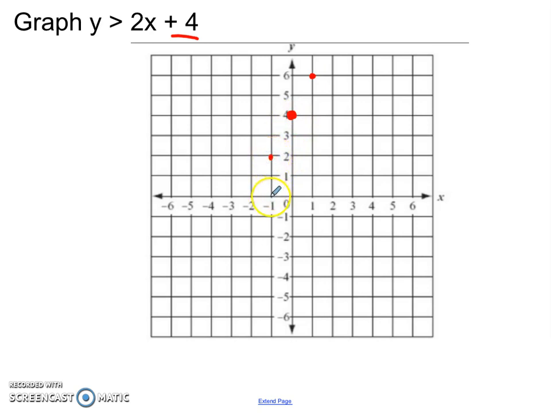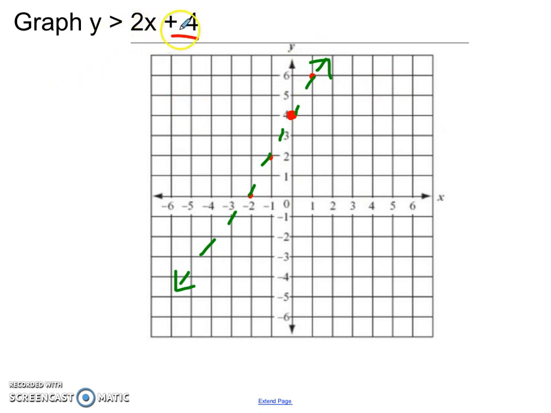I'm going to do that a couple times to make sure my line is nice and straight. Since this is y is greater than 2x plus 4, I'm going to use a dashed line. So I'm going to do a dashed line through these points, and I'm still going to put my arrows at each end.